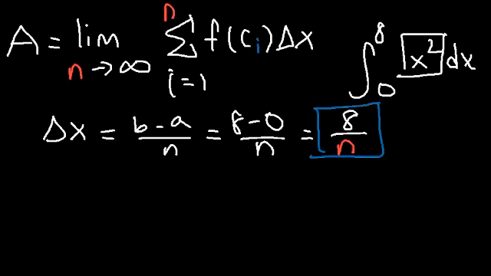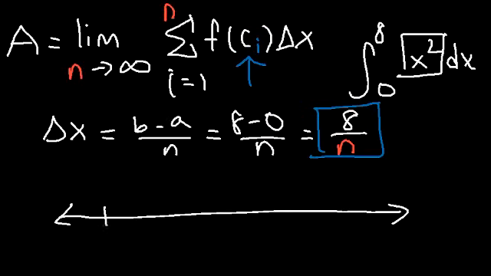Next, we need to find out what ci is. ci helps you to find the location of each rectangle on the x-axis. For instance, if we draw the number line from 0 to 8, we're going to have these points.